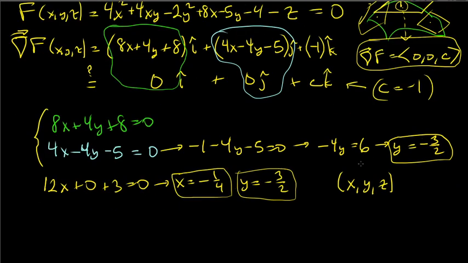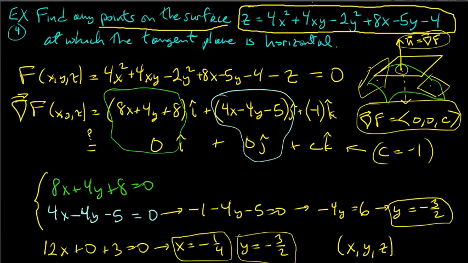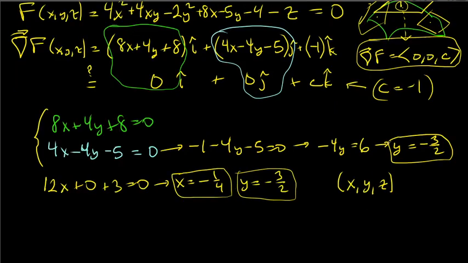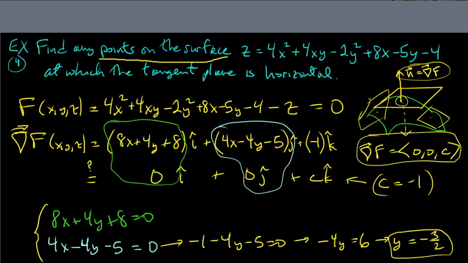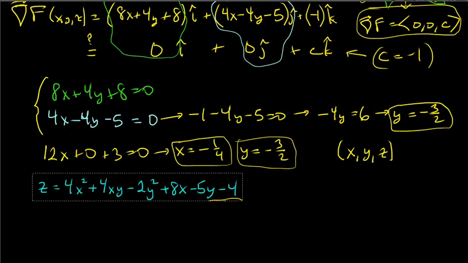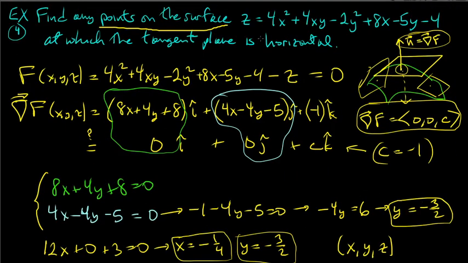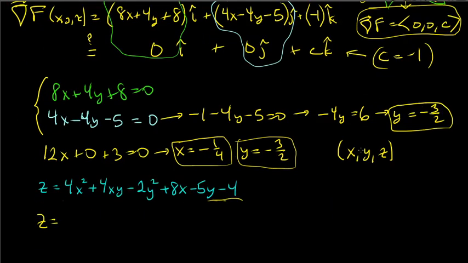Should I just copy it all down again? Okay, here we go. So our z coordinate for the point on the surface where the tangent plane is horizontal is just going to be 4 times 1 over 16, which is 1 over 4.